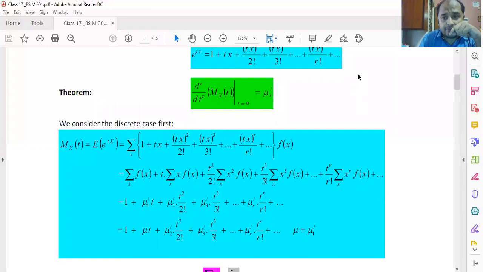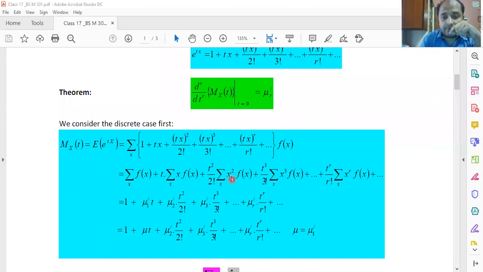And what about these coefficients which represent time here? The coefficients t square by 2 factorial, t cube by 3 factorial, t to the power r by r factorial, these coefficients are actually constants, and constants can be taken outside the summation sign. So if we do so, by our previous result, we know that summation x f(x) is expectation of capital X. Expectation of capital X can be written as expectation of capital X to the power 1, and that is the same as mu1 prime.